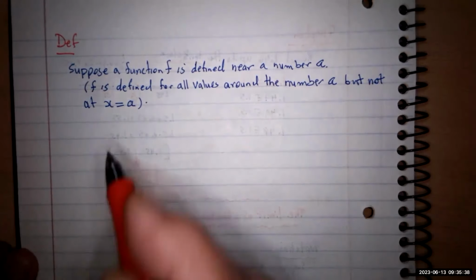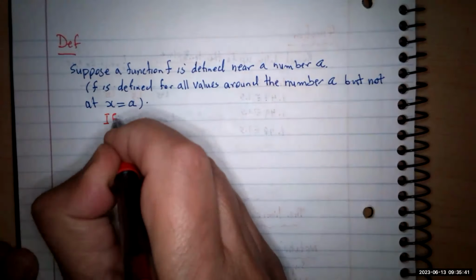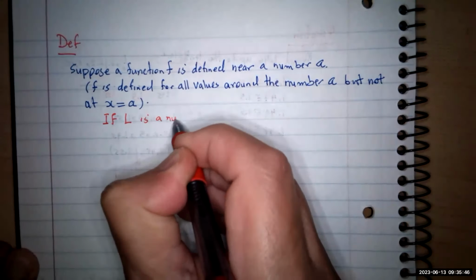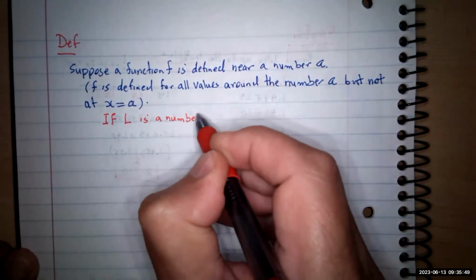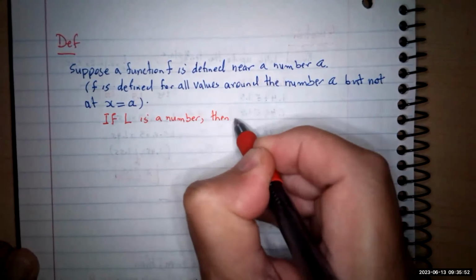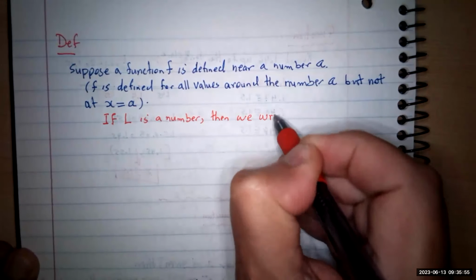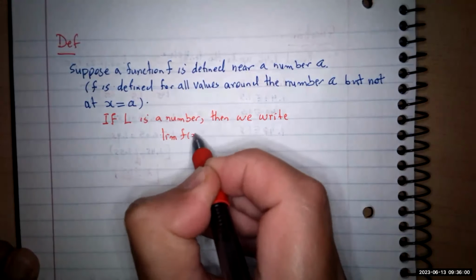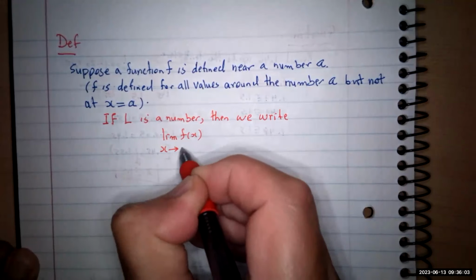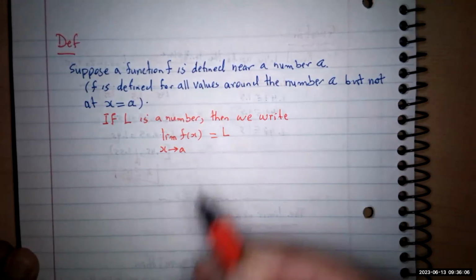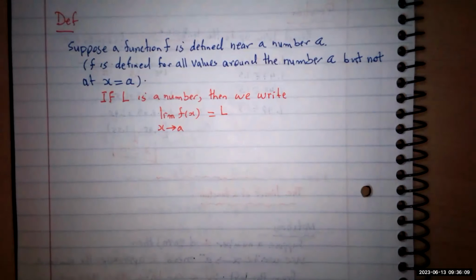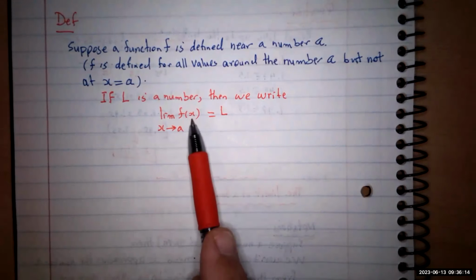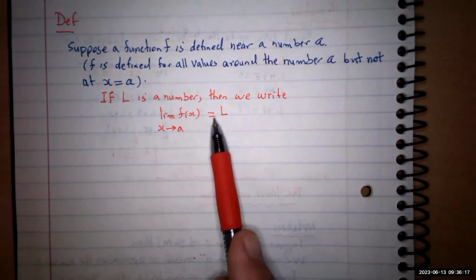If L is going to be a number, then we write the limit of f of x when x goes to a is equal to L. So this means if you estimate the x by a, then f of x can be estimated by L. Remember, it's a function.